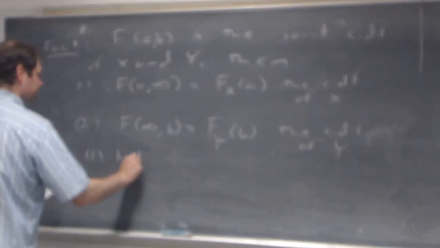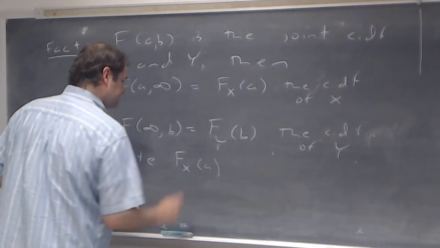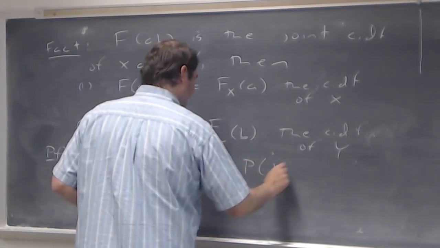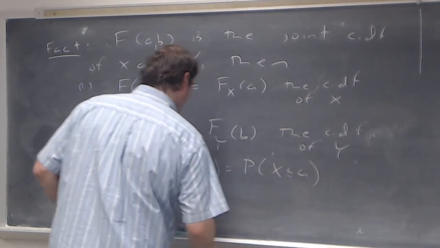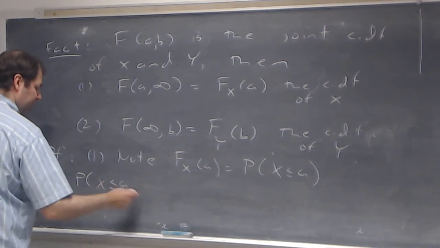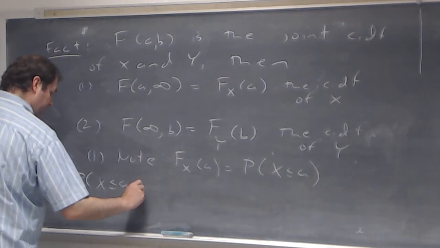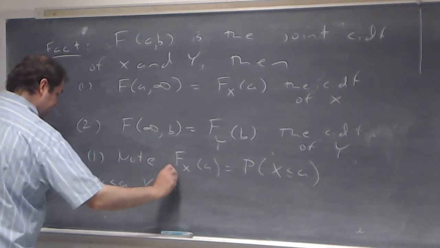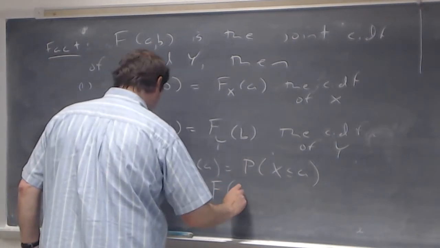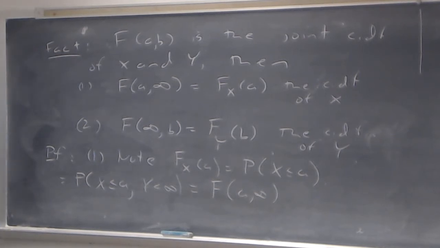They're very similar, but they're so simple to do both of them. Here, let's note that the CDF of x is equal to the probability that x is less than or equal to a, which is the same thing as the probability that x is less than or equal to a and y is anything. So here, if you will, y is less than infinity. And so that is nothing more than f of a, infinity for the joint CDFs.